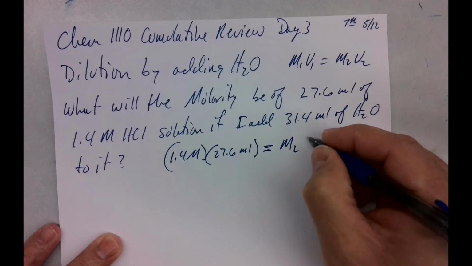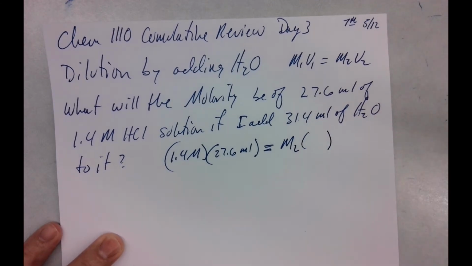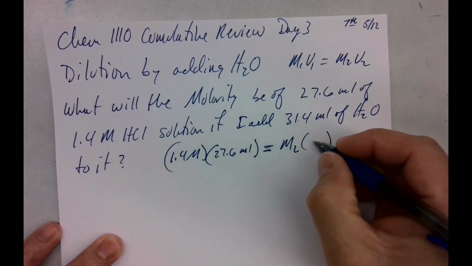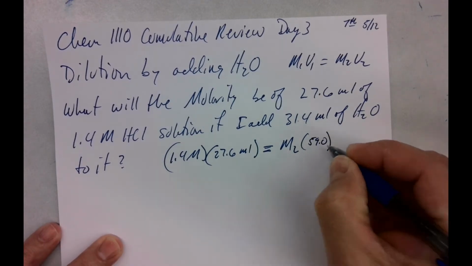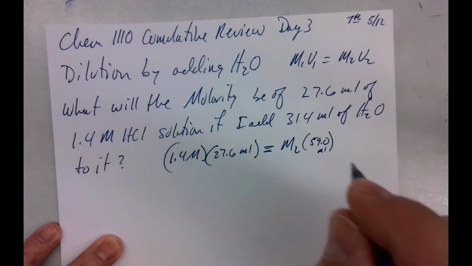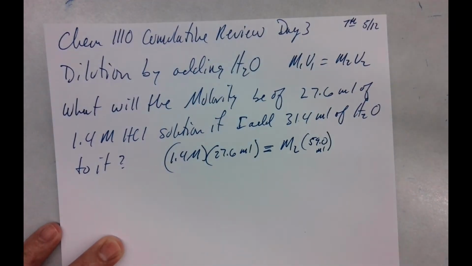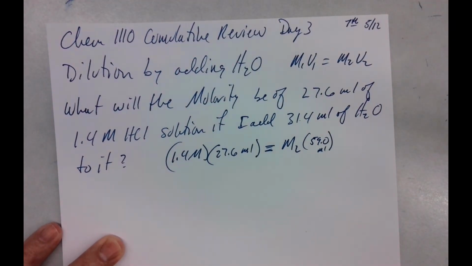Now here's my question. What is V2? 59.0 milliliters. This is really, really important. Because what did I do? I added water, which means my volume had to go where? Up, right?